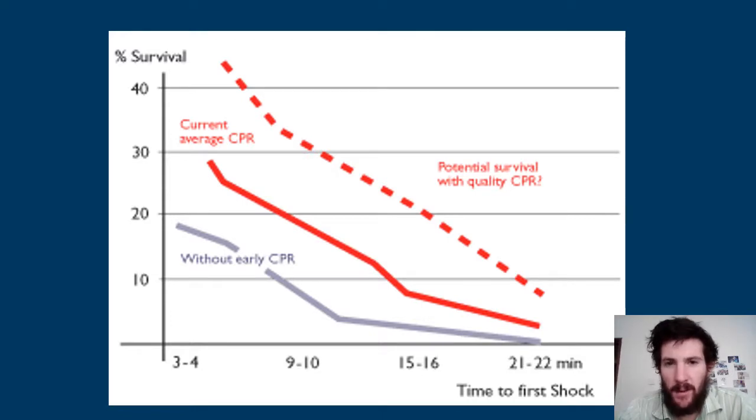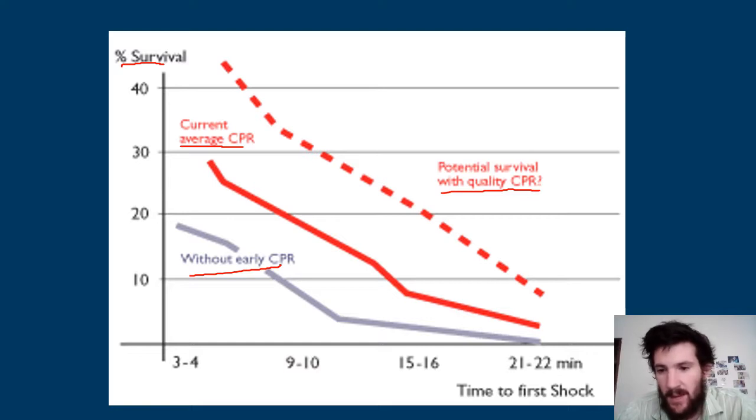Here we have a graphic about the survival of a patient without CPR, a patient with a normal average CPR, and a patient with a high quality CPR. In the first one, there is no CPR, so nothing is flowing in the patient.